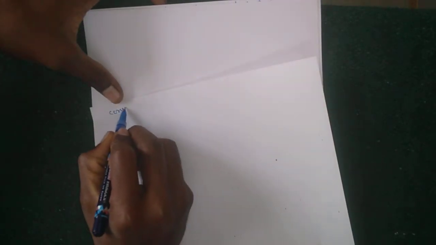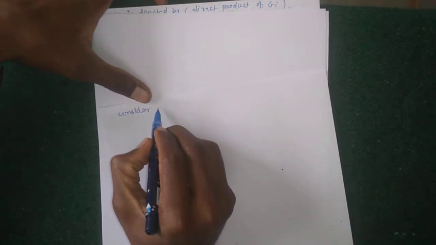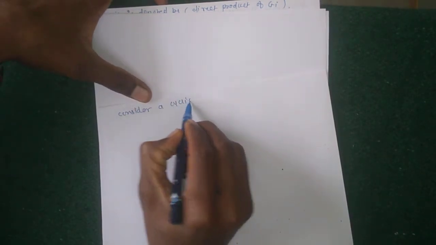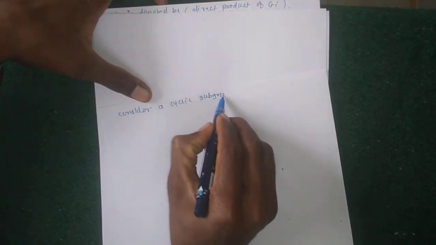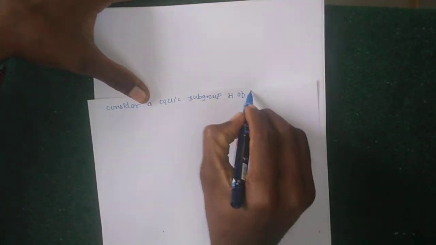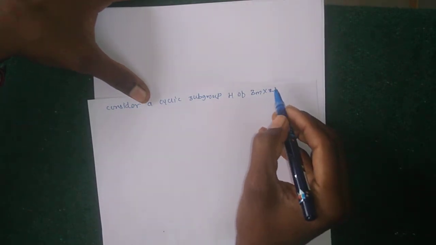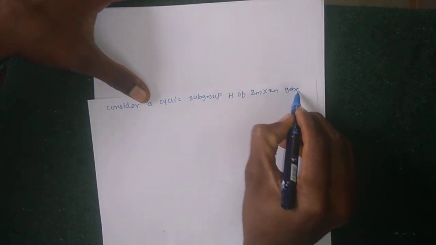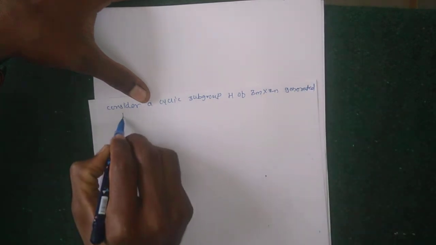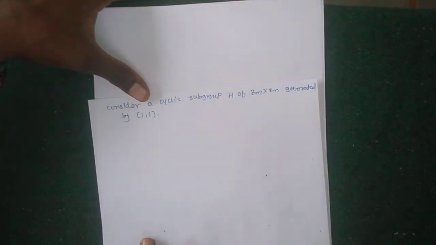Then consider a cyclic subgroup H of Zm cross Zn generated by the ordered pair (1,1).